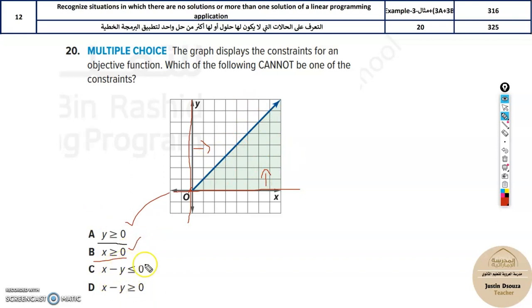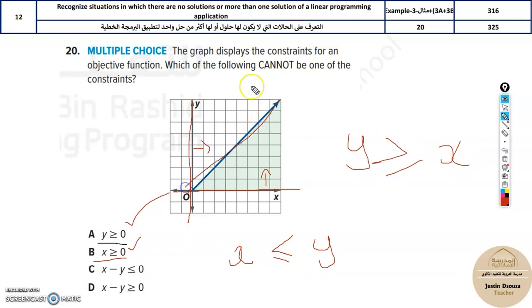Now, over here, let me just take this y to the other side. It'll be x less than or equal to y, or it's much easier to write y first: y is greater than or equal to x. So now y is equal to x is this particular line. It's a slant line. Now y is greater than or equal to x. Is it greater than? No, this is wrong.